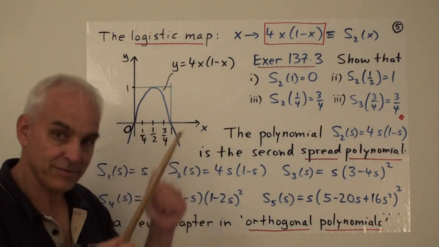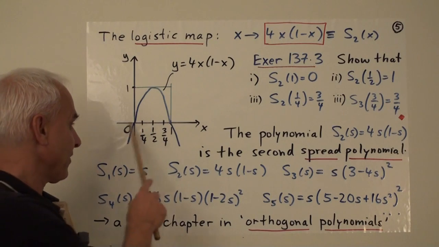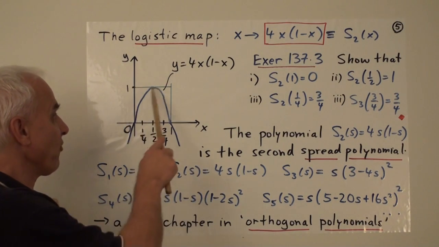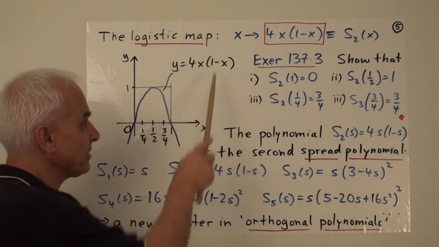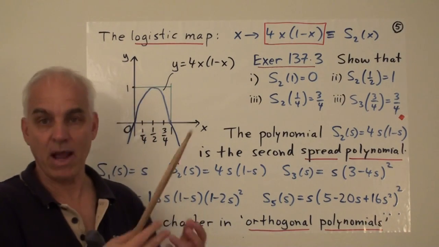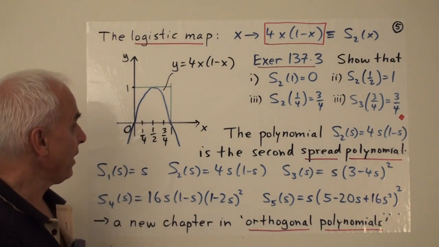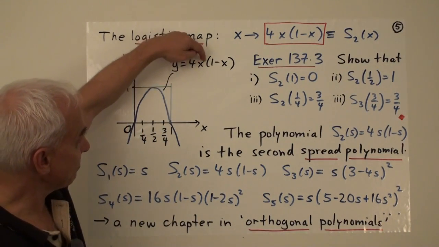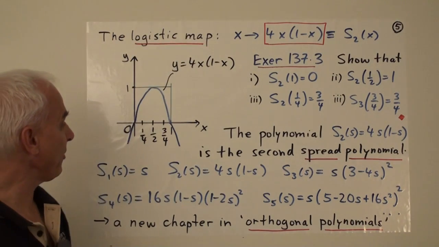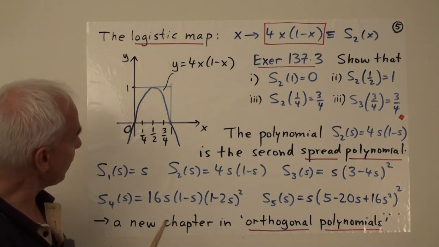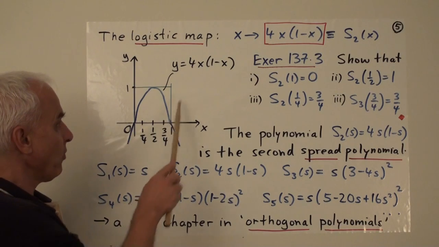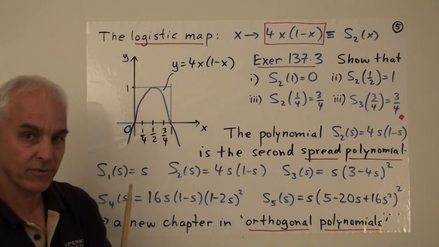As a function, as in calculus, x, y, here's the graph of the function, y equals 4x times 1 minus x. It's a parabola because it's quadratic. It's opening downward because it's minus x squared times something. And it goes through 0 and 1, of course, because those are the zeros.